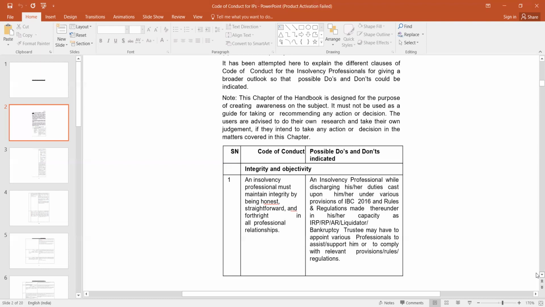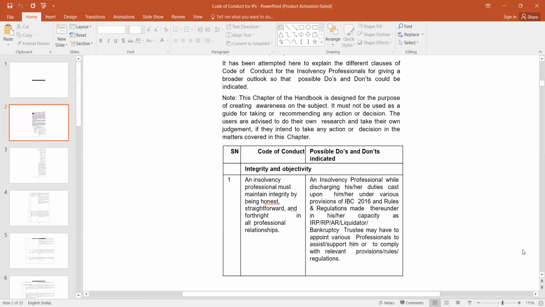An insolvency professional, while discharging the duties cast upon him or her under various provisions, rules and regulations in the capacity of IRP, RP, authorized representative, liquidator, or bankruptcy trustee, may have to appoint various professionals to assist or support him or to comply with relevant provisions, rules, and regulations.